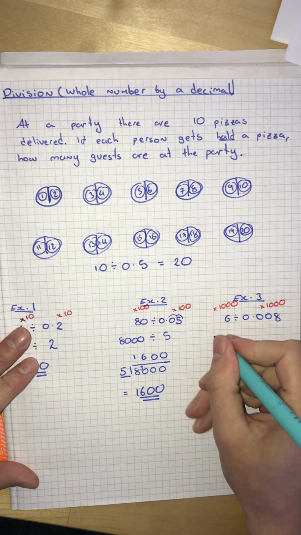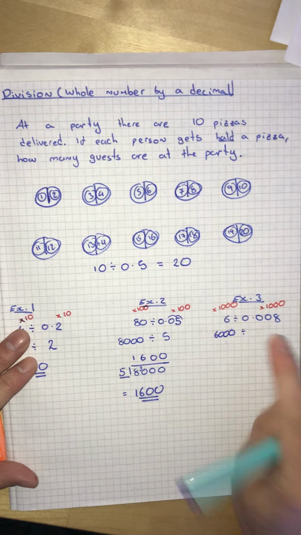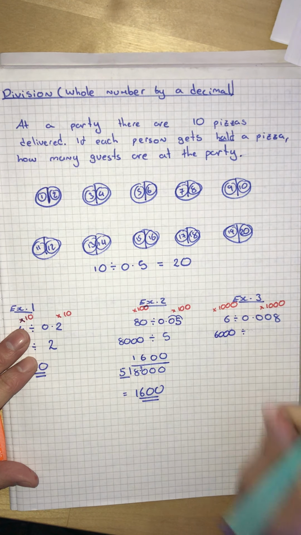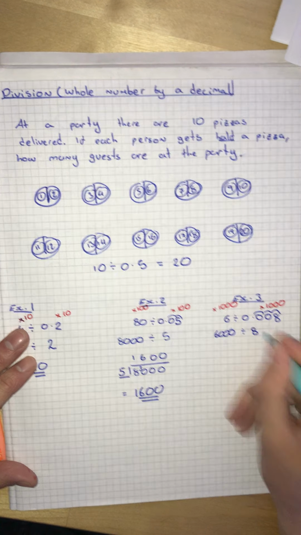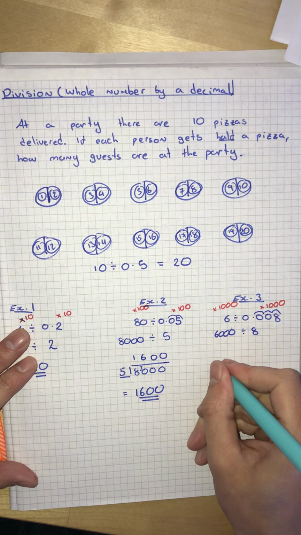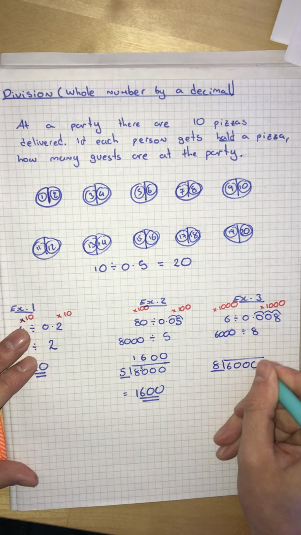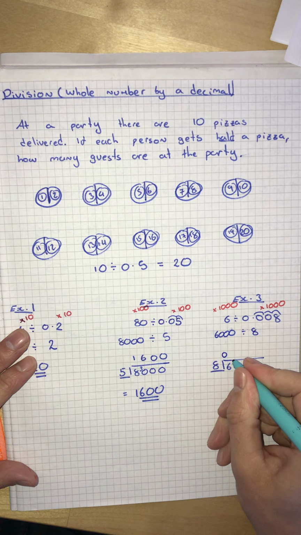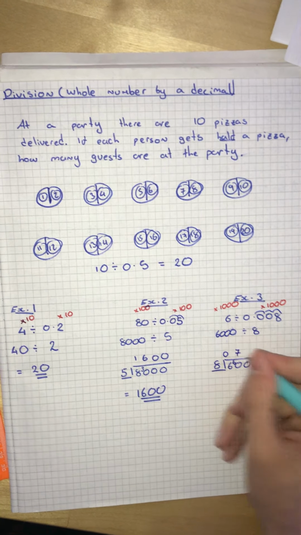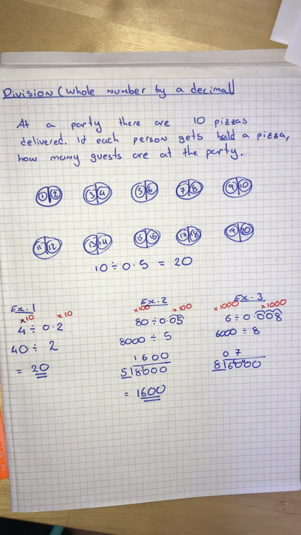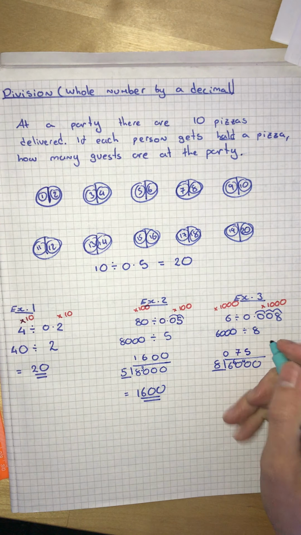6 times 1,000 is 6,000. 0.008 times 1,000, if we move that decimal point, it's 1, 2, 3, is 8. So I'm going to divide that by 8. 8 into 6 doesn't go. 8 into 60 goes 7 times with a remainder of 4. 8 into 40 goes 5 times, and then 8 into 0 goes 0 times.